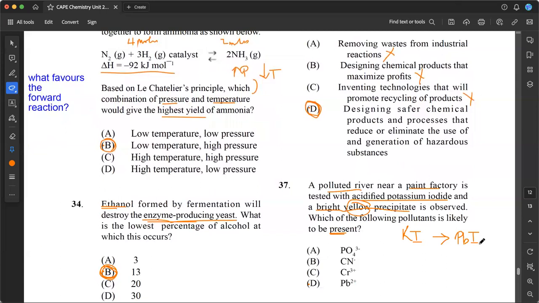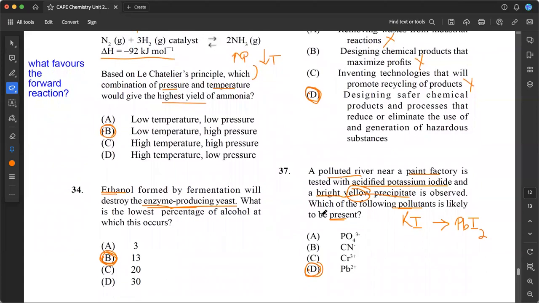So it's lead iodide that's being formed in that case. And so this signifies the presence of which pollutant? It would be lead that's present, okay? So 37 there is D. All right, 37 is D.